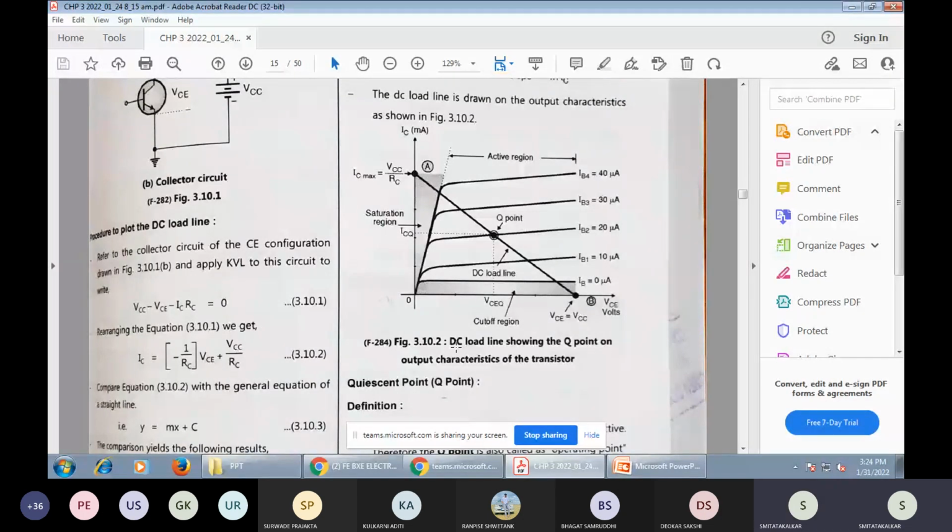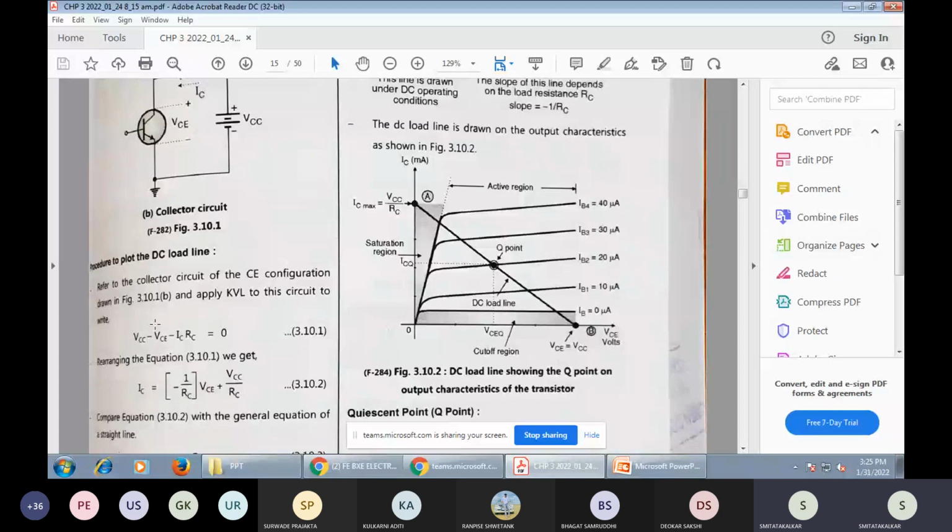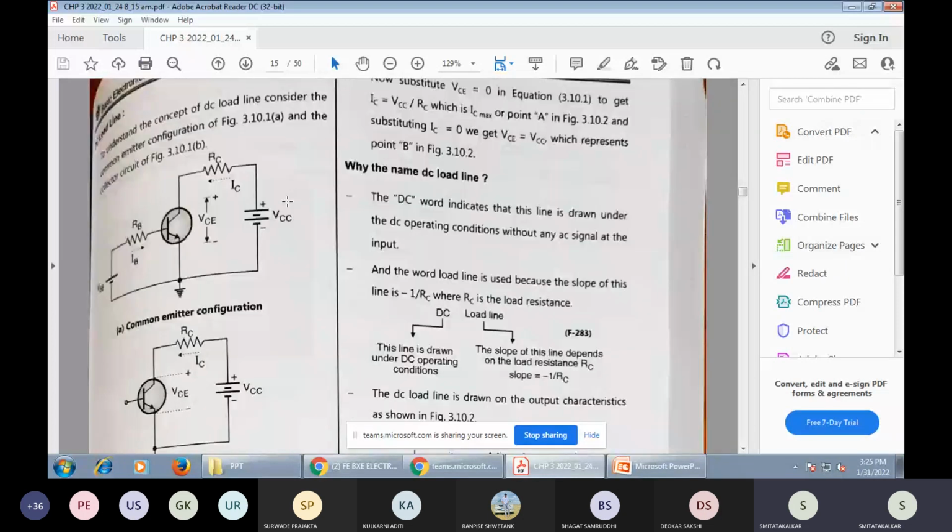I have already told you in the common emitter configuration, in a reverse bias, if the voltage is minimized, then the collector current directly goes to saturation.